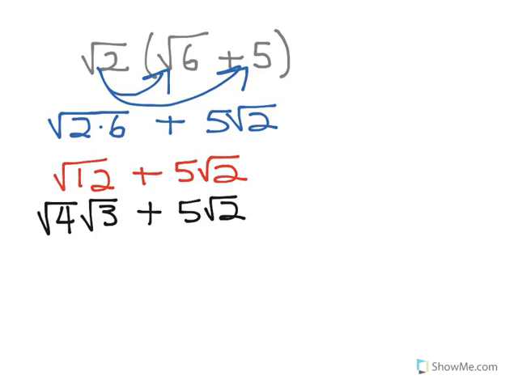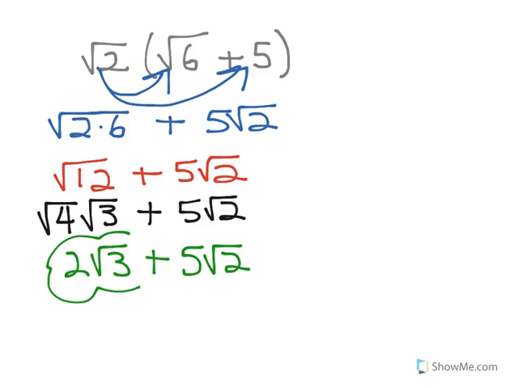Radical 4 is the equivalent of 2. So this becomes 2 radical 3 plus 5 radical 2. There's no more simplifying that can be done. We do not have like radicals at this point, so this is our final simplified expression.